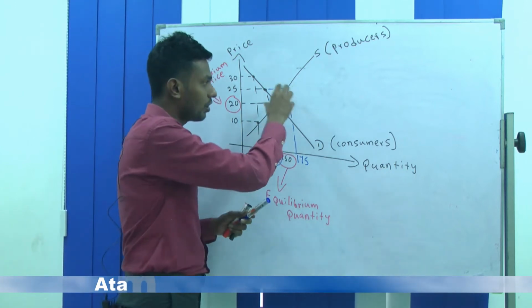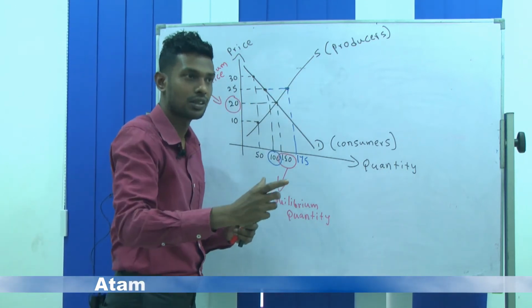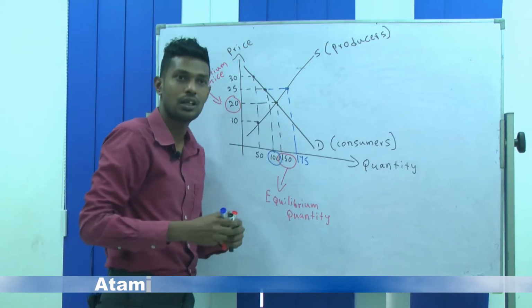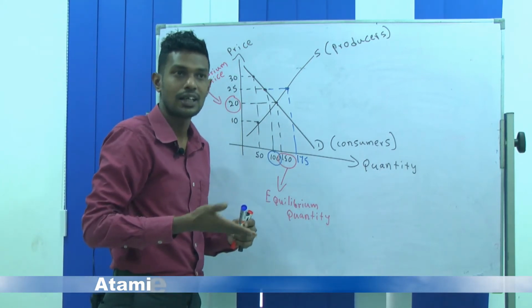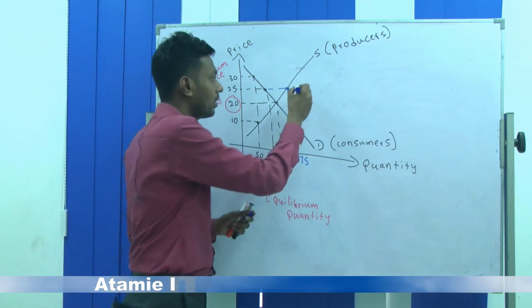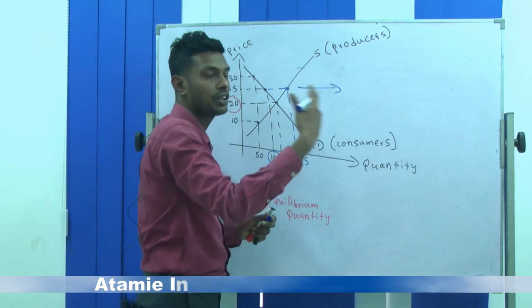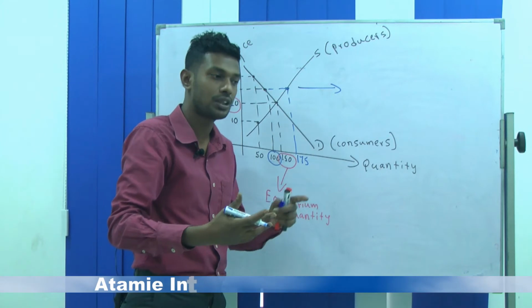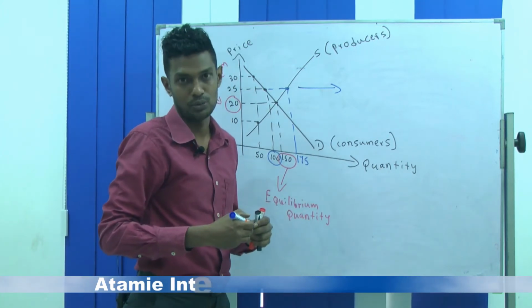So when the cost of production remains constant while the price of the particular good increases, that means producers are motivated to supply more. Why? I'll give you a complete picture about cost of production, which is not in the textbook as well.